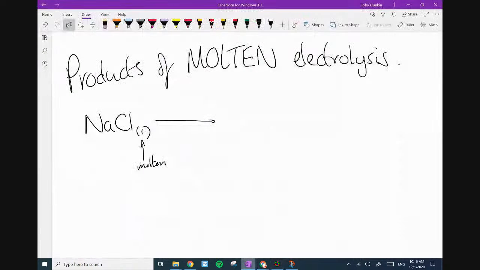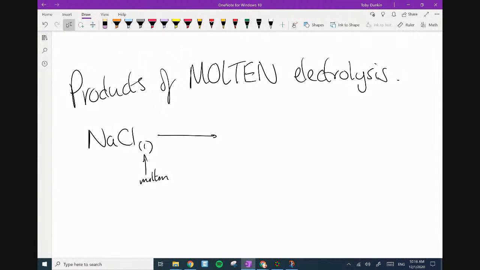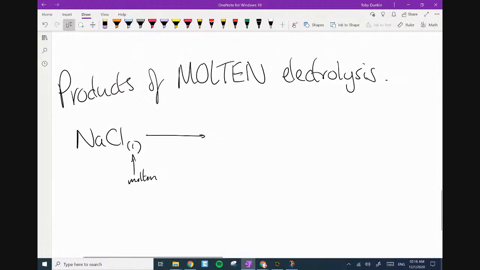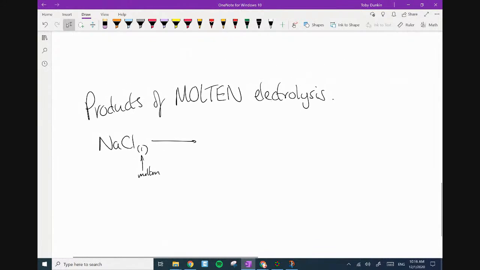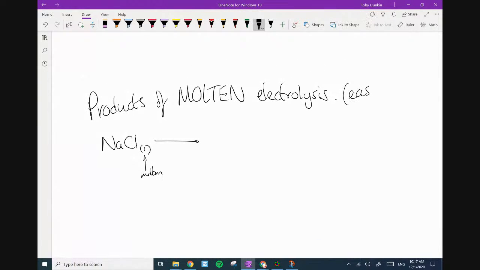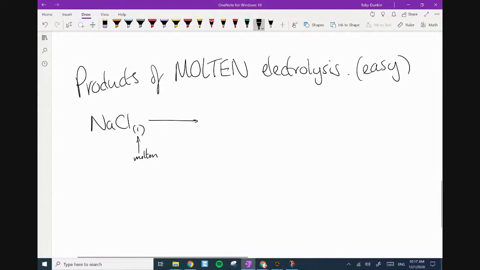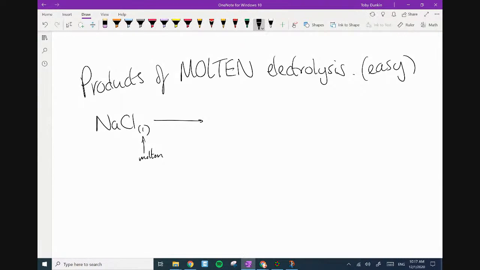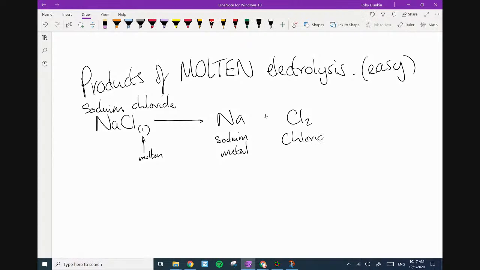So we can now predict our products. All we're going to do with molten is, this is easy. Predicting products of molten is easy because all you do is rip them in half. So we're going to start with sodium chloride, and what I'm going to get is sodium metal and chlorine gas.